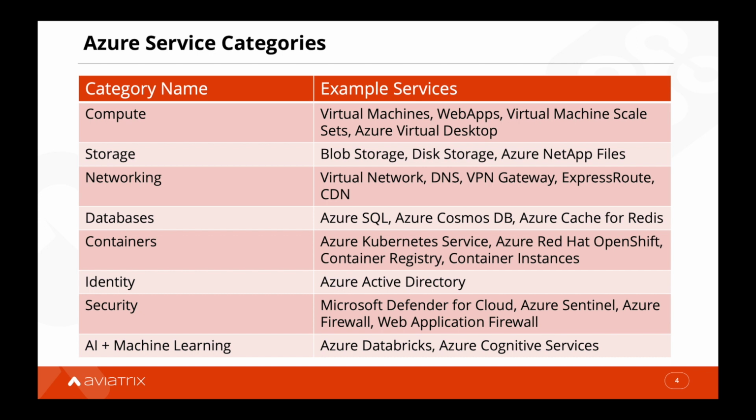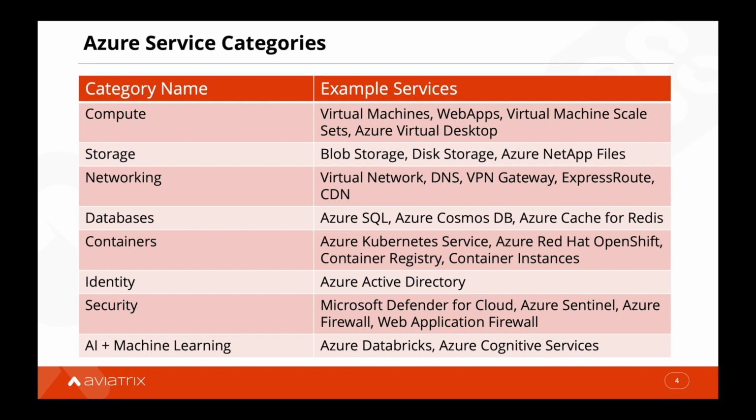Azure offers close to 200 different services, and they are grouped in over 20 different categories. Some of the most relevant categories are compute, where services like virtual machines, web apps, and Azure Virtual Desktop reside. Then under the storage category, we can find services like blob storage, disk storage, and Azure NetApp Files, to name a few.